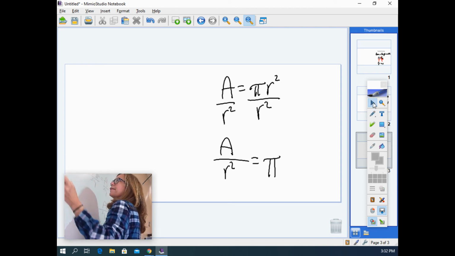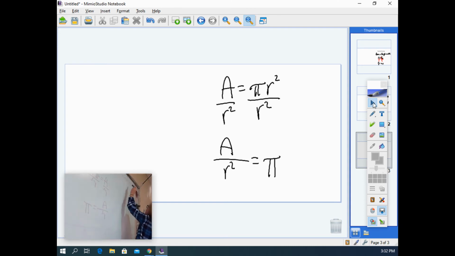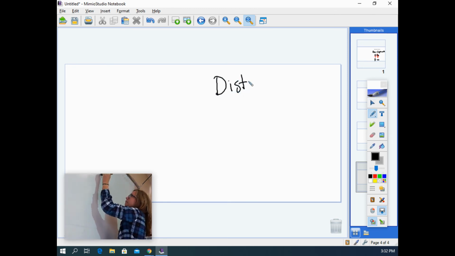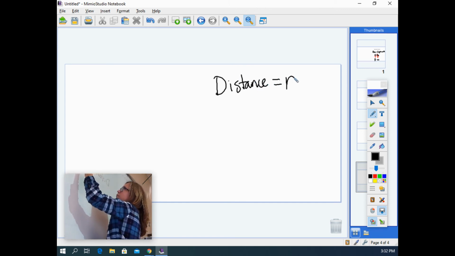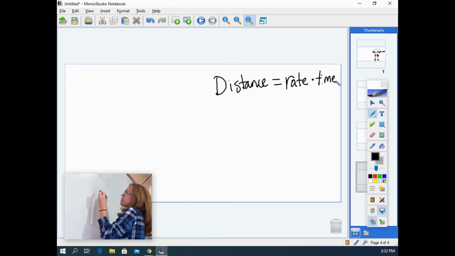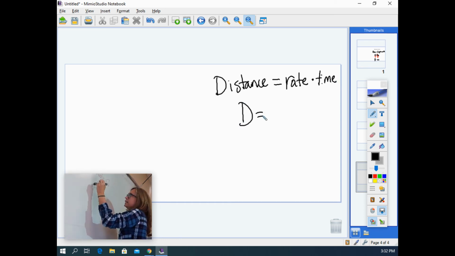There are all sorts of formulas that you can rearrange, some that you know having to do with distance. Distance is the same thing as rate times time. Some of you see it like this: capital D equals rate times time.